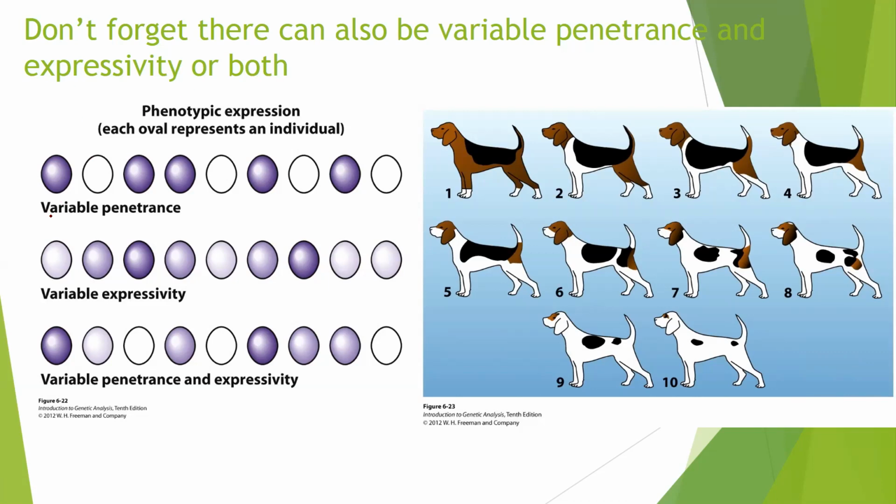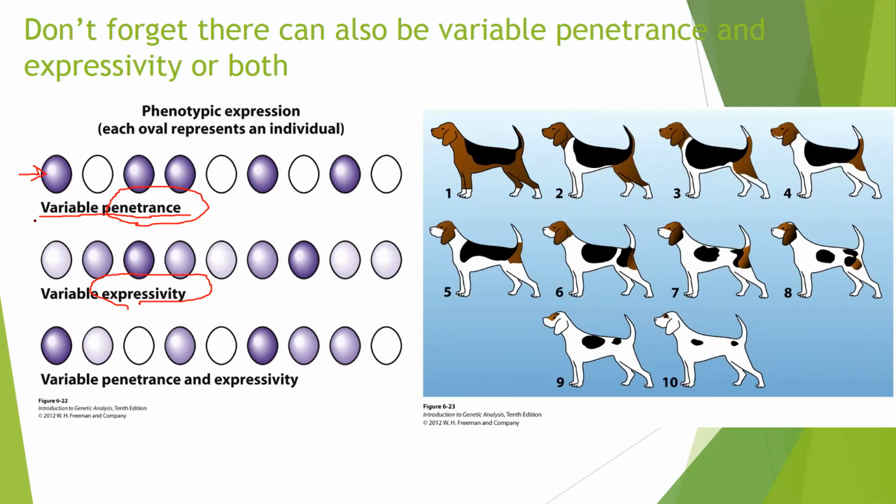Now I would like to re-emphasize these two concepts here: the penetrance rate and the expressivity. Even for the same genotype, you could see different phenotypes. You could see unexpected phenotypes because of the environment, right?